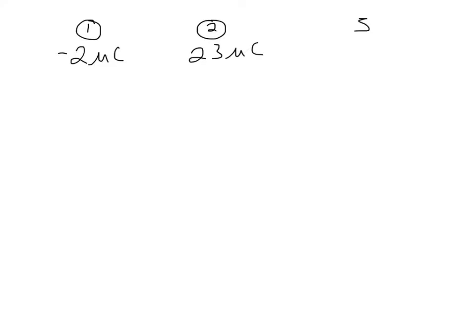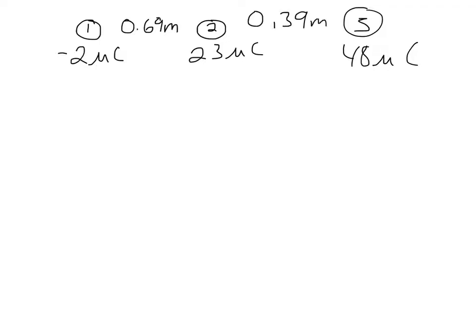And charge 3 is 48 microcoulombs. The distance between charge 1 and 2 is 0.69 meters. The distance between charge 2 and 3 is 0.39 meters. And we are looking for the total force on charge 2, so I'll start that one.